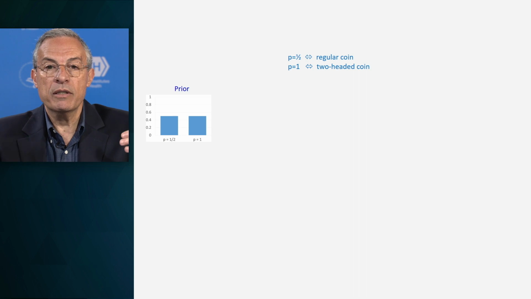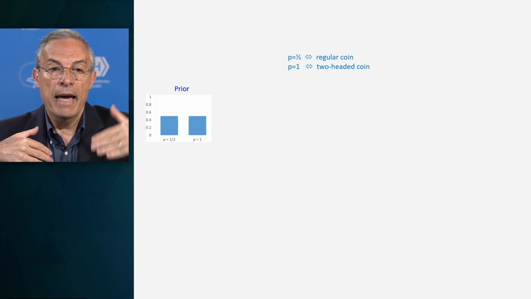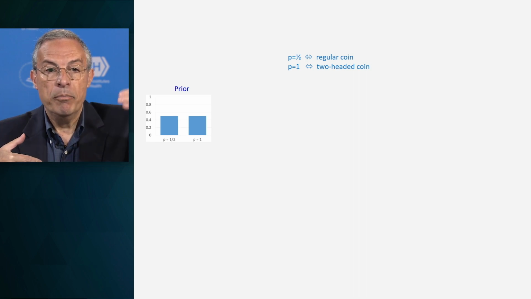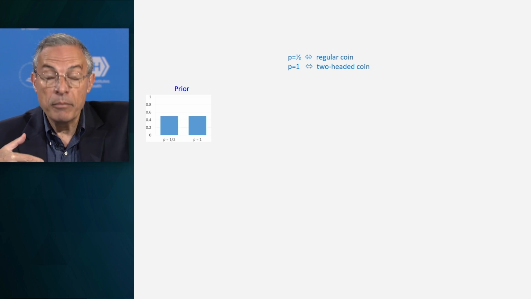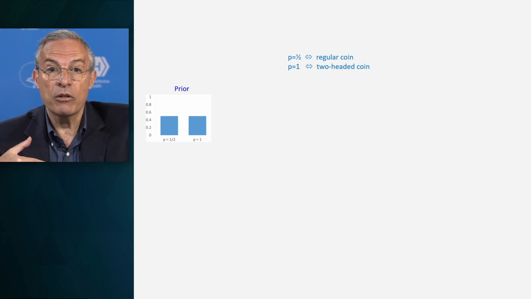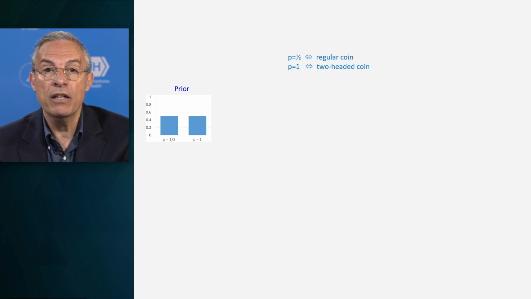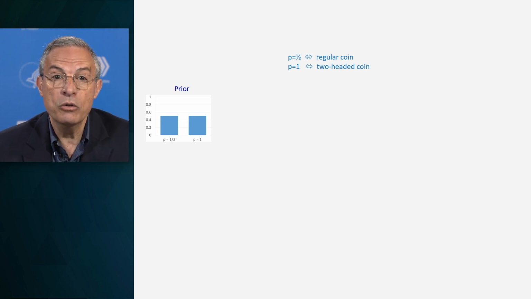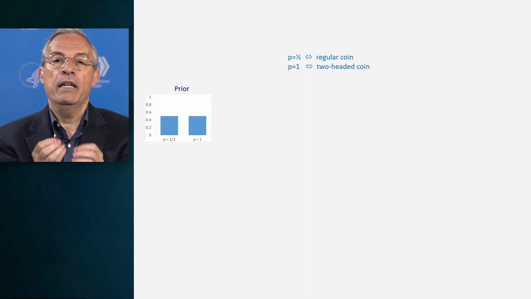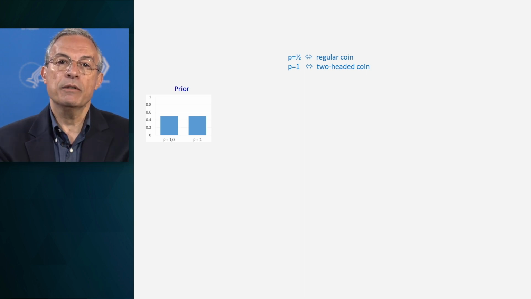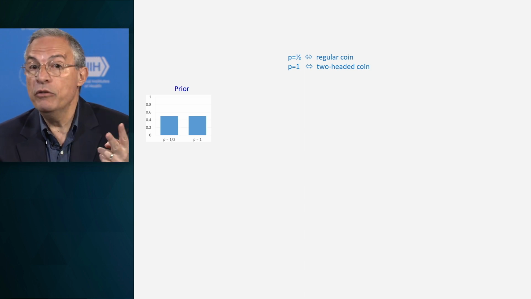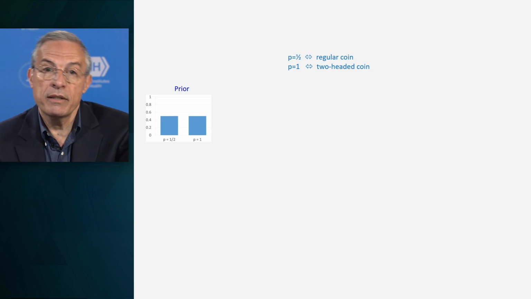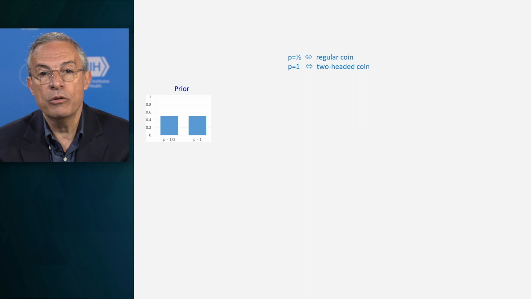P is equal to 1 is the same as the two-headed coin. And at the beginning, we have 0.5 chance of having the regular coin and 0.5 chance of tossing the two-headed coin. So P here is a variable with a distribution, but it only can take two values, 1/2 or 1, because it's either the regular coin or the two-headed coin.